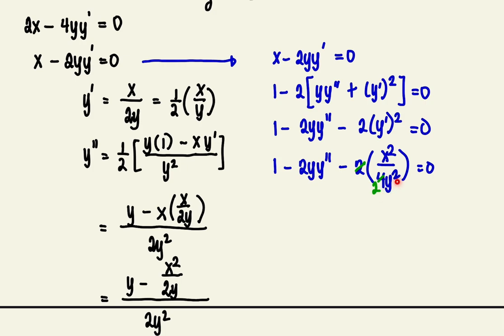And so to get rid of the fraction, we can just multiply both sides of the equation by 2y squared. So multiplying both sides of the equation by 2y squared, 2y squared times 1 is 2y squared, minus 2y prime times 2y squared, that would be 4y cubed, y double prime, minus x squared equals 0.